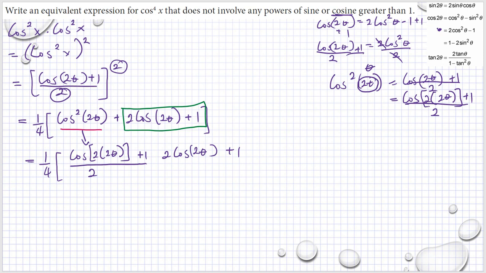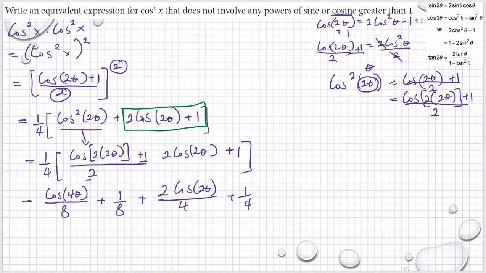So if we simplify now, we have cosine 4 theta divided by 8 plus 1/8, because 1/4 times 1/2, we still have 1/2 here, and that one, plus 2/4, that is 1/2. I can put it here. Cosine 2 theta divided by 4 plus 1/4.